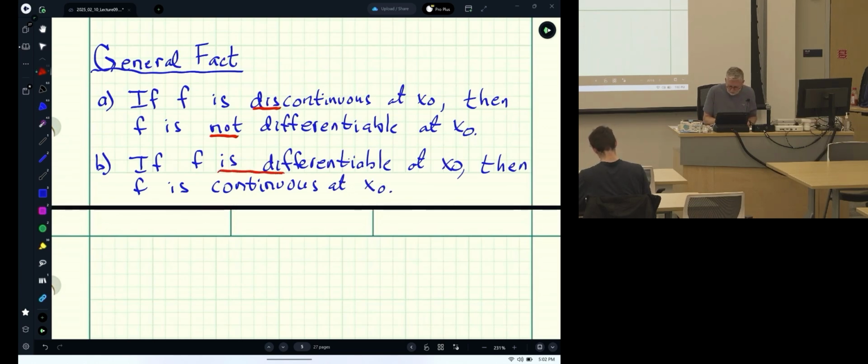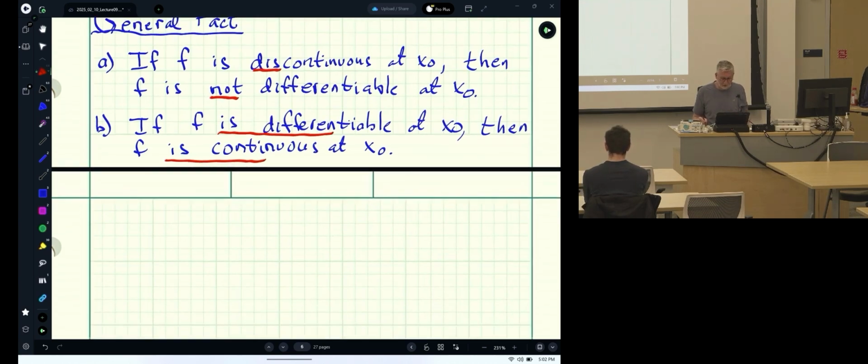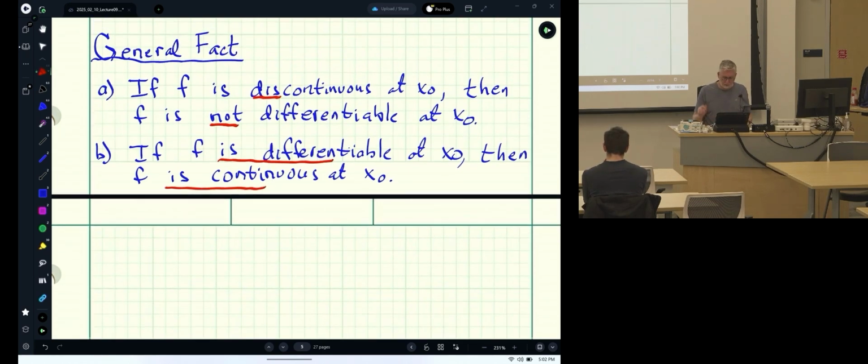So differentiable implies continuous. Okay, so why are those two things equivalent?